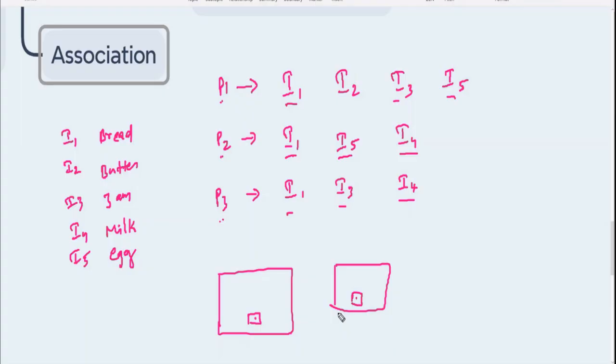So to avoid that, as well as to make the customer buy more products, we can arrange all the frequently purchased products together. Because bread is common to all three persons, we will place the bread on one rack.